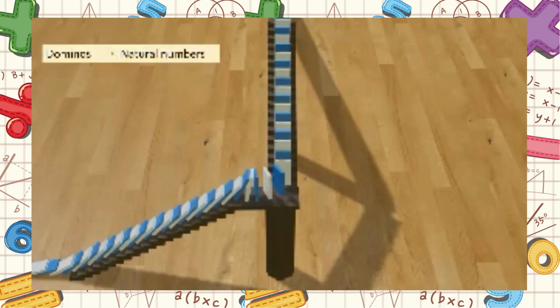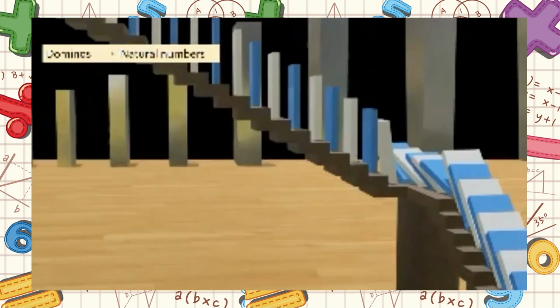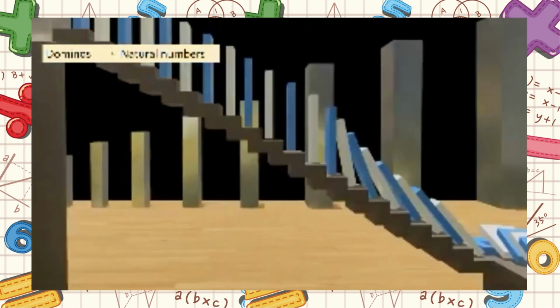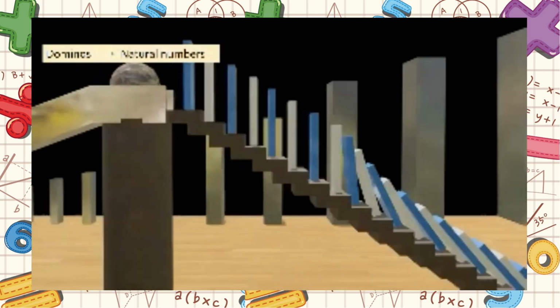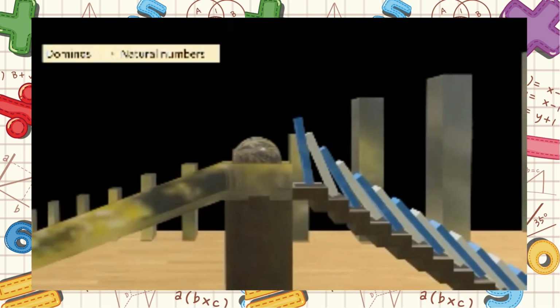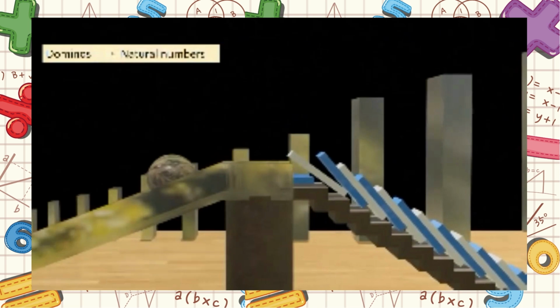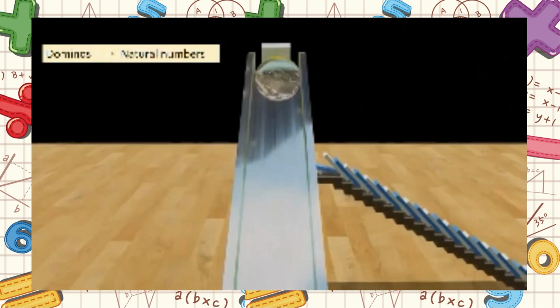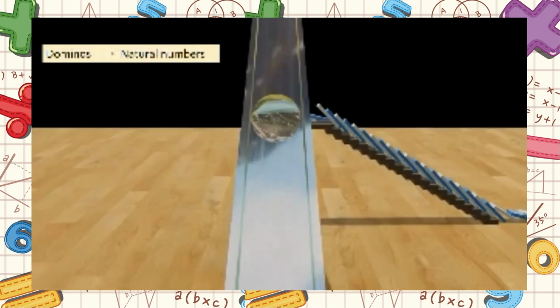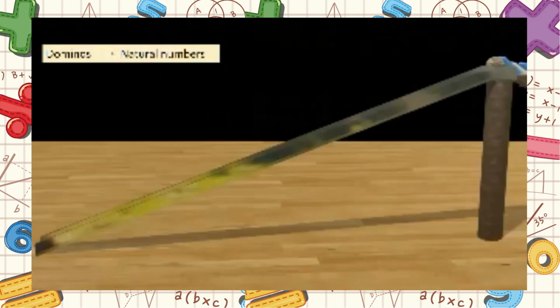So let us think of these dominoes as natural numbers, a line of natural numbers. To make the dominoes move, any domino can be knocked off for a start. Then it will knock off the domino next to it, and that domino will knock the next one, then the next, up to the last domino standing.